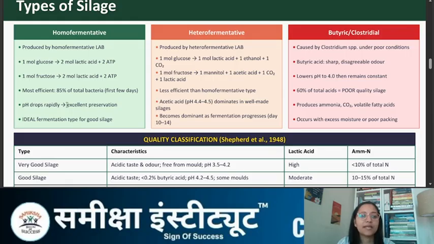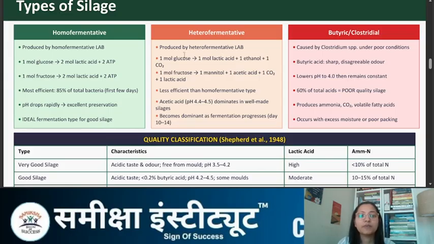Then pH drops rapidly because if much lactic acid is being formed, it is causing rapid drop in the pH, and there is excellent preservation. Whereas in the case of heterofermentative, pH drop is not that fast, because mannitol and the alcoholic compounds are also being formed alongside, and the carbon dioxide is getting lost.